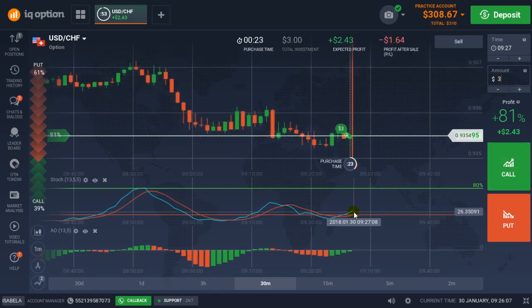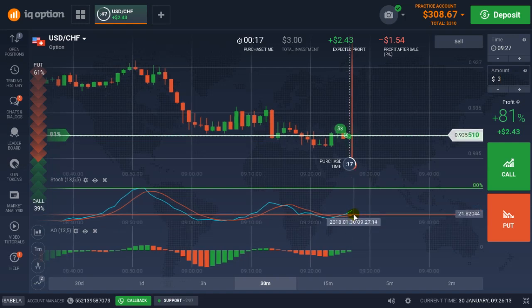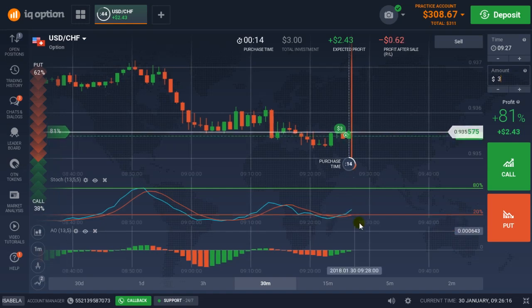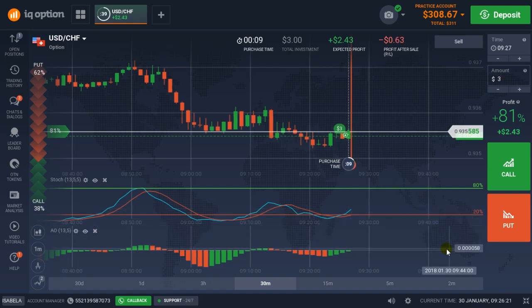Another green candle, better separation. The signal line is already touching the 20% oversold. The main line is shooting up, so yes, I'm into a call trade.